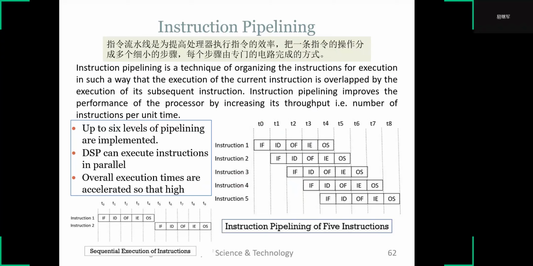Instruction pipeline improves the performance of the processor by increasing its throughput, i.e., number of instructions per unit time.